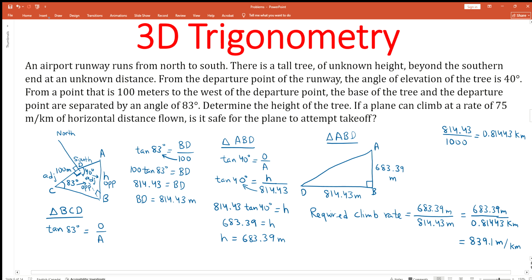The given climb rate is 75 meter per kilometer. This means it is not safe for the plane to attempt takeoff because it will crash into the tree. Its climb rate is less than the required climb rate to fly above the tree. So the answer should be no, it is not safe. This should be the answer for the second part.